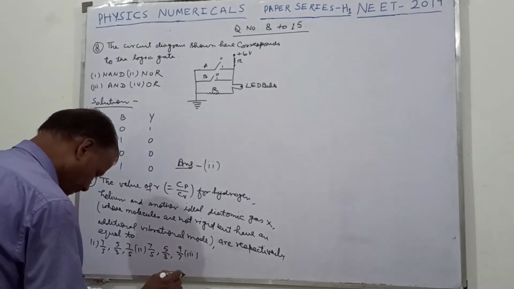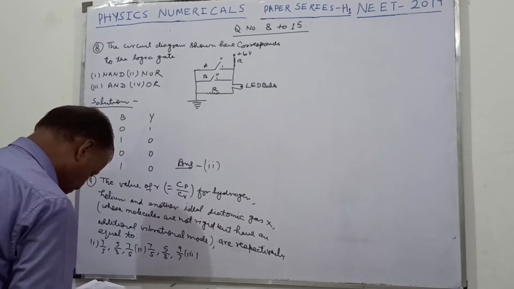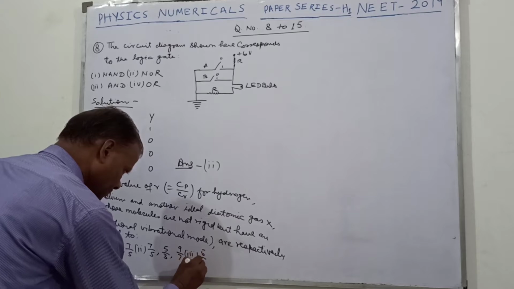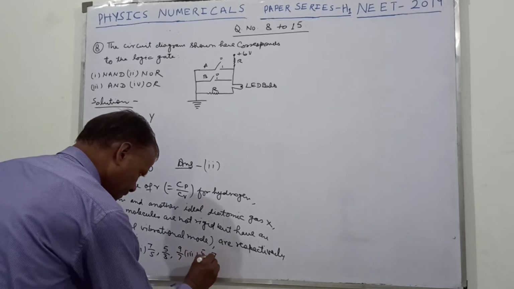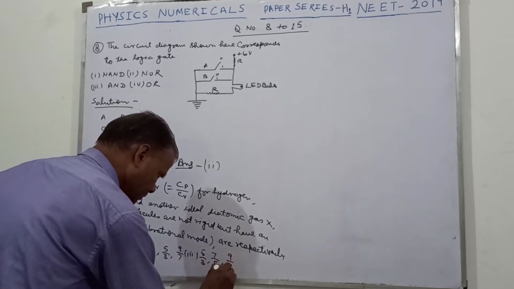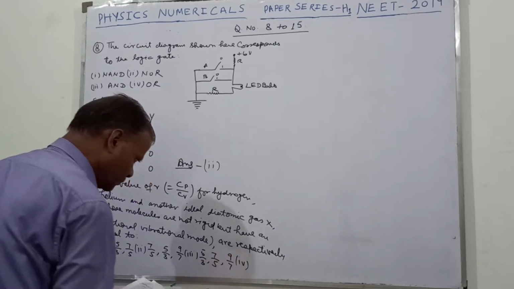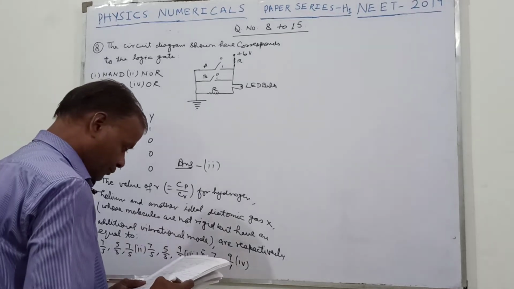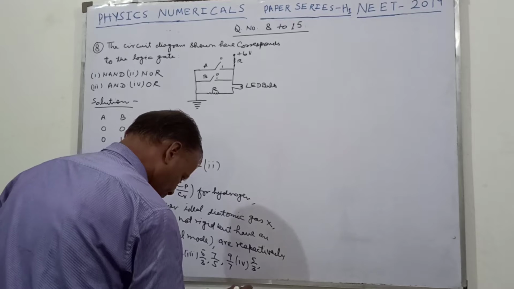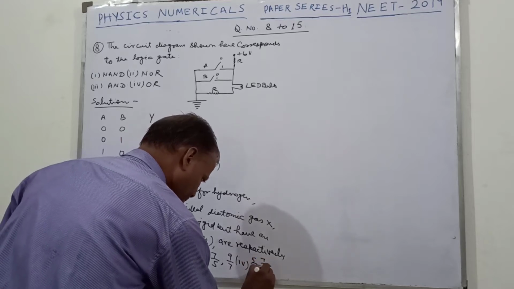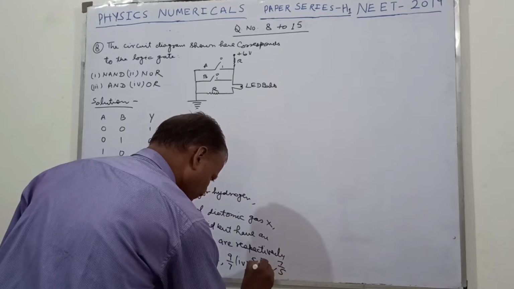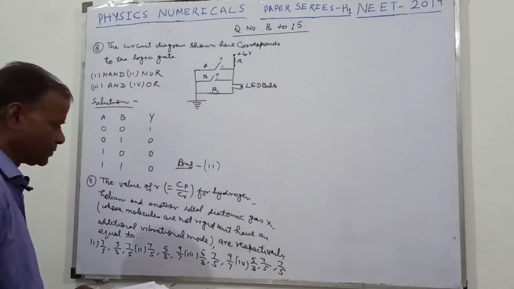Third option is 5 by 3, 7 by 5, and 9 by 7. And the fourth option is 5 by 3, 7 by 5, and then 7 by 5. These are the options.